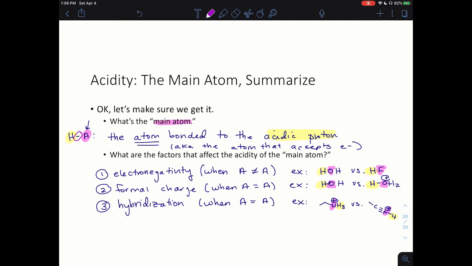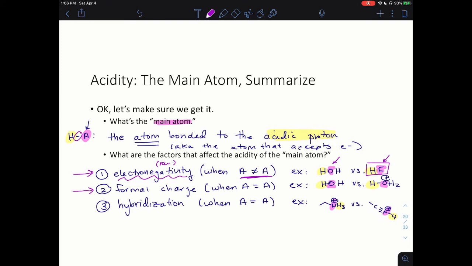All right, what are the factors that affect the acidity of the main atom? Well, when the main atom is not the same, it's different elements, so oxygen versus fluorine, and you'll see in just a second when they're in the same row. Fluorine and oxygen are both in the second row. Electronegativity affects the acidity. The more electronegative atom will correspond to the stronger acid, so HF is the stronger acid there.